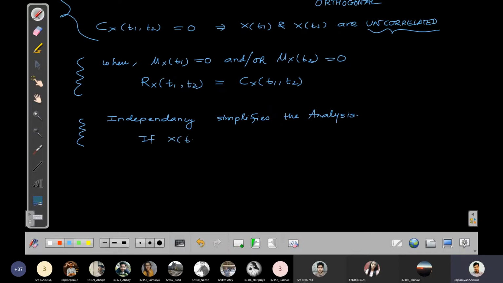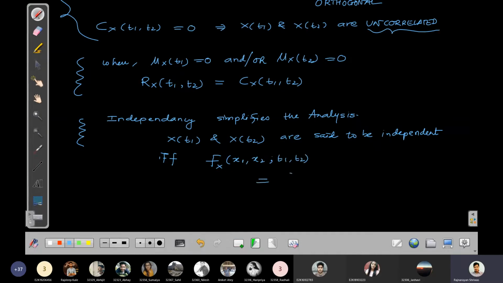If xt1 and xt2, it may be for 3 random variables also, are said to be independent if and only if the joint PDF of these is simply the product of individual PDFs, f_X(x1, t1) and f_X(x2, t2).